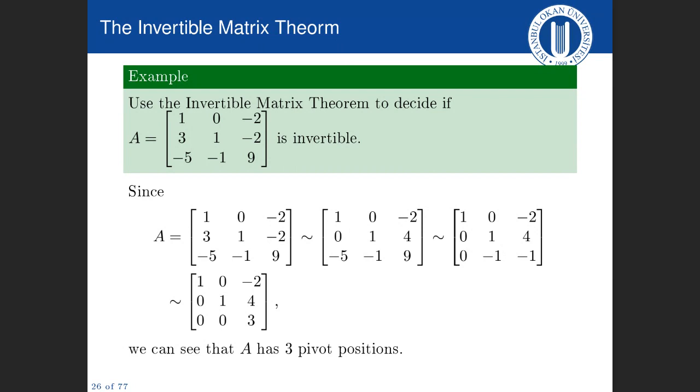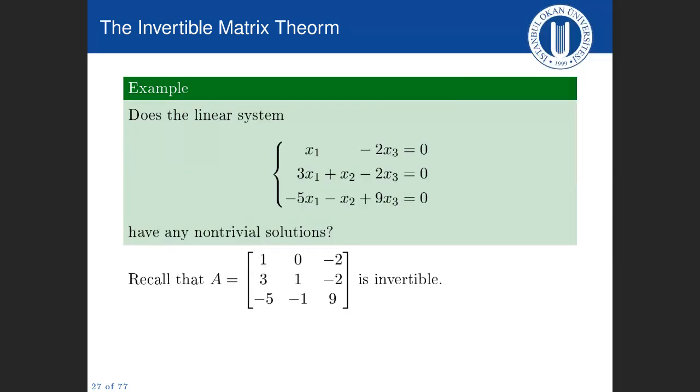There's a pivot here, there's a pivot here, and there's a pivot here. Because A is a 3 by 3 matrix with 3 pivot positions, the invertible matrix theorem tells us that A must be invertible. Does this linear system have any non-trivial solutions?